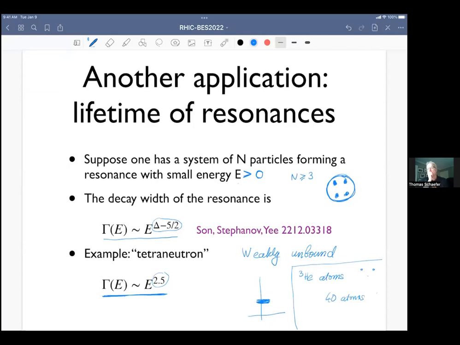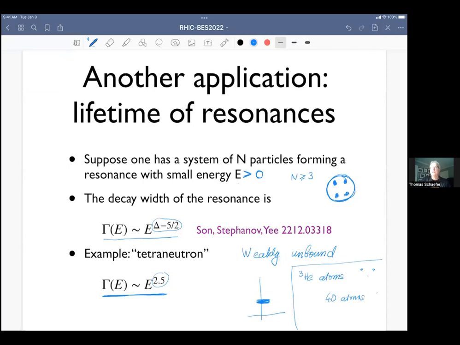And so one can ask here, there is some non-universal physics that could be attributed, for example, in the case of neutrons, to 3-body interaction or 4-body interaction. The simplest thing one can imagine is four neutrons with some strong 4-body interaction making a bound state.